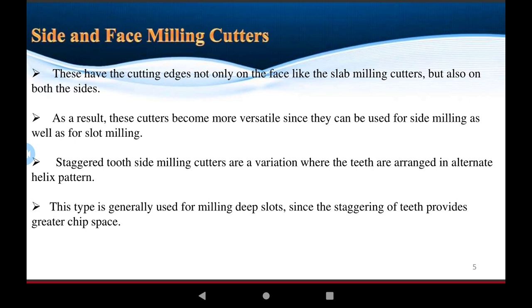As a result, these cutters become more versatile, since they can be used for side milling as well as for slot milling.